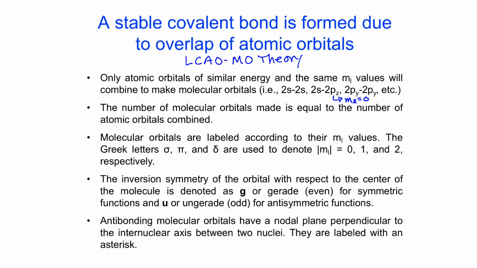However, if you're looking at your py or your px p orbitals, you can probably picture these from organic chemistry or Gen Chem bonding picture diagrams. Those overlap in a way that creates that pi bonding where you get the overlap above and below your nucleus. We're going to take a look at those pictures in a minute, but again, just pointing out it's your m sub L that dictates the sigma, pi, or delta labeling.